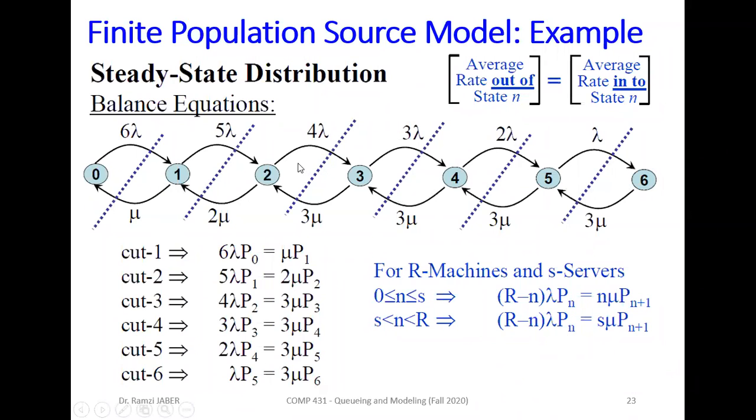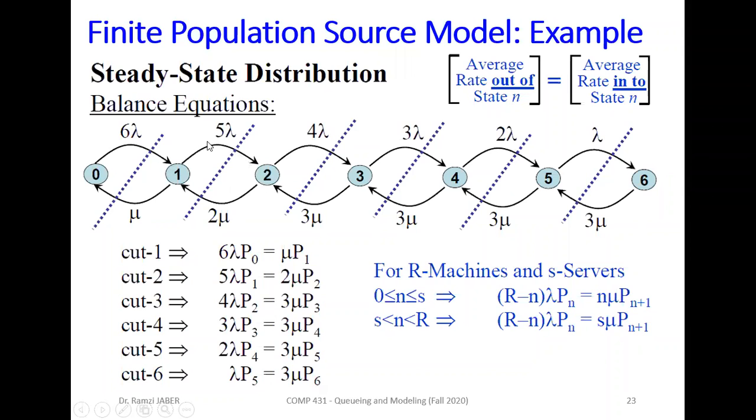Here in this model, the Kolmogorov change model in the finite population source model, we have s equals 3 in this example. First machine, mu, the service rate. Second machine, 2 mu. Third machine, 3 mu. Fourth, 5, 6 will be constant 3 mu because s equals 3. So s mu here, okay? But the arrival process is different than before. For the first arrival, the expected arrival rate will be 6 lambda.